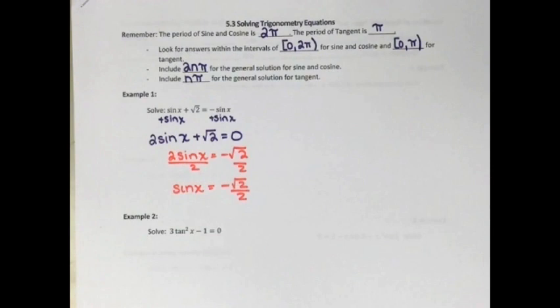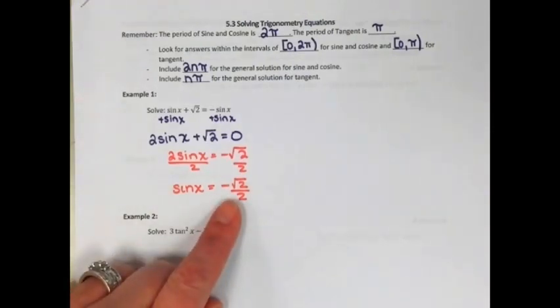Okay, so think of this for a second. If you have your chart from the 4.4, isn't it 4.4? When we have radical 2 over 2, isn't that just pi over 4? Isn't that a 45, 45, 90 triangle? However, this is negative, right? So what quadrants is sine negative?